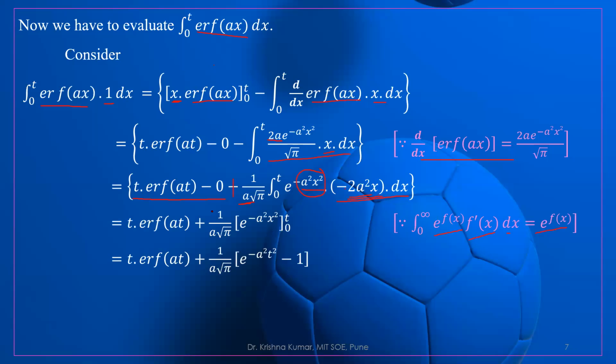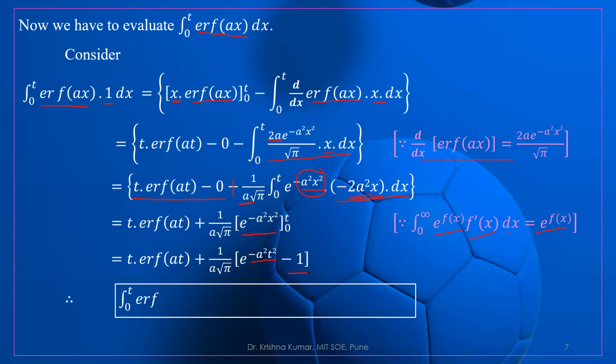So it will become 1 upon a root pi error function e to the power minus a square x square under the limit 0 to t. So if you put the upper limit, we get e to the power minus a square t square, and lower limit e to the power 0 is 1. So this is the integration of the error function of at.